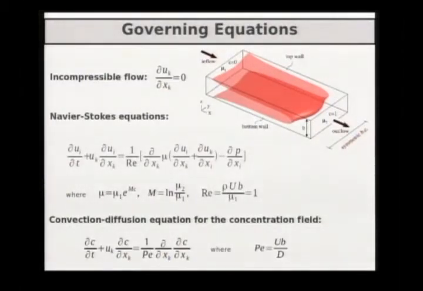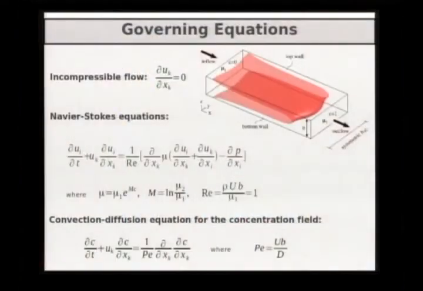For that, we use the three-dimensional Navier-Stokes equations, here written with index notation. The viscosity mu is given as an exponential function of the concentration field. This concentration measures the miscibility of the more viscous fluid. So it's 0 on the left end of the domain, 1 on the right end, and any value in between is just a measure of the interface.